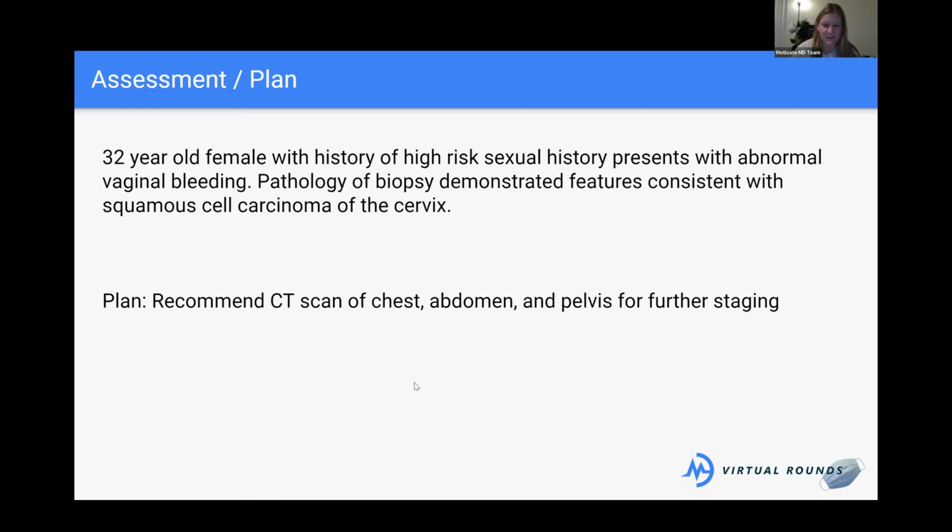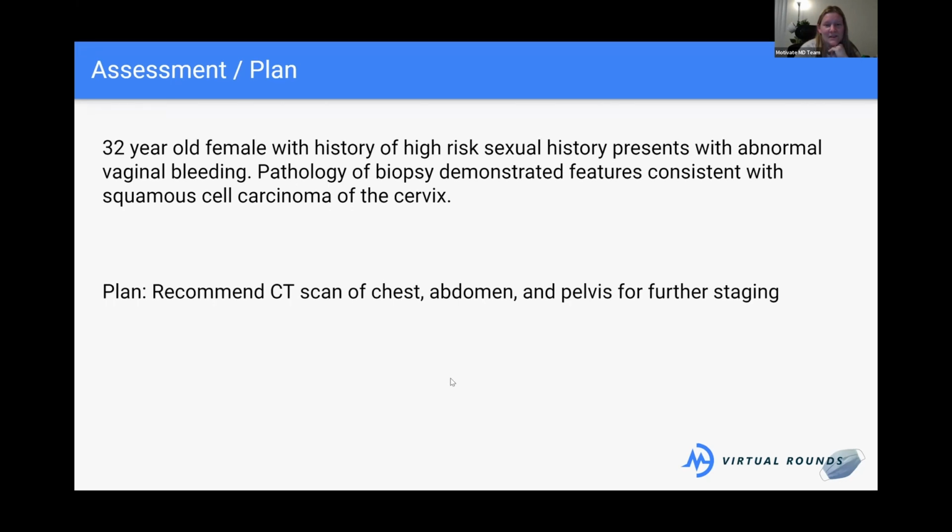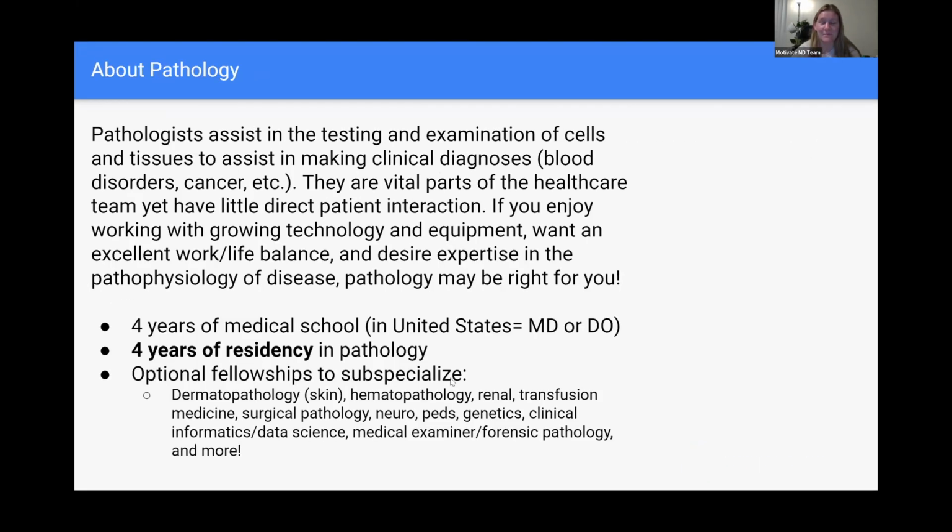Sound good? I almost always will include a patient update in these. However, I wanted to make you guys aware that sometimes in pathology, you don't always get patient updates because you are not the primary provider of care, which can be both a good thing and a bad thing.